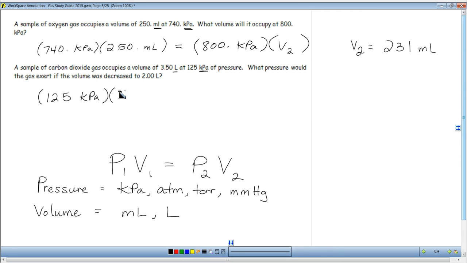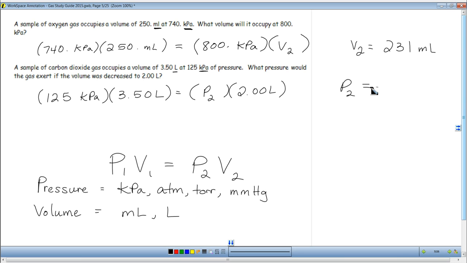V1 is my original volume, 3.5 liters. If I decrease the volume to 2 liters, V2 is 2 liters. I'm solving for P2.